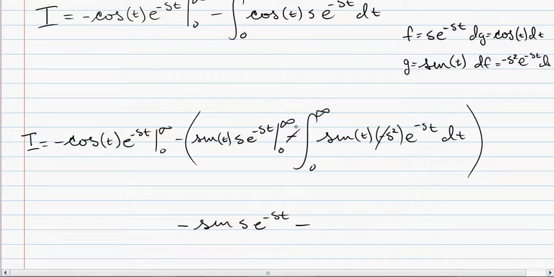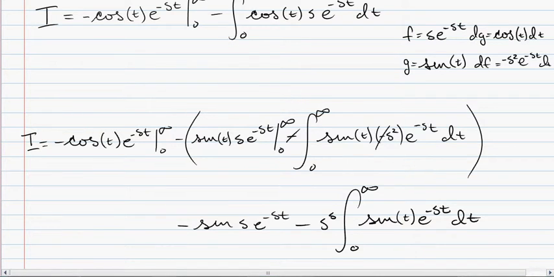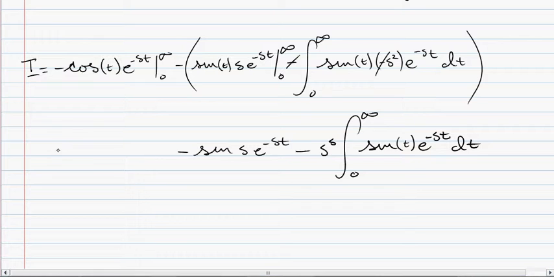So that's going to remain negative s squared, the integral from 0 to infinity of sine of t e to the minus st dt. And then over here we've got negative cosine of t e to the negative st, and that is all equal to I.